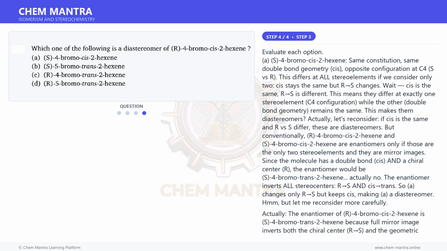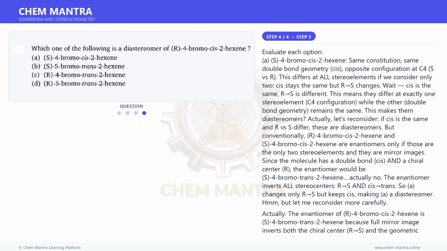Actually, let's reconsider. If cis is the same and R versus S differ, these are diastereomers. But conventionally, R-4-bromo-cis-2-hexene and S-4-bromo-cis-2-hexene are enantiomers only if those are the only two stereoelements and they are mirror images.